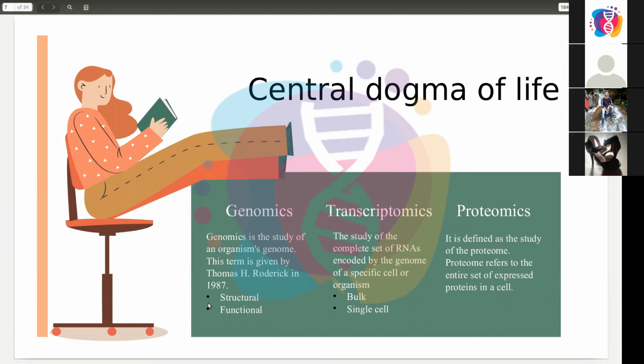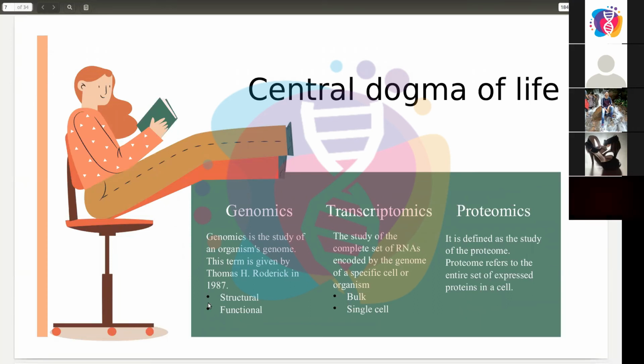Structural genomics works more on the structure of your DNA rather than its functionality, whereas functional genomics deals with the mutations and other functional changes that happen to the DNA, which in turn affect the phenotype of a person, right?